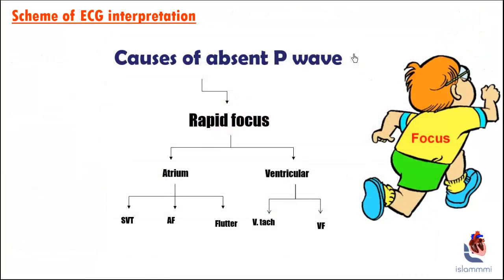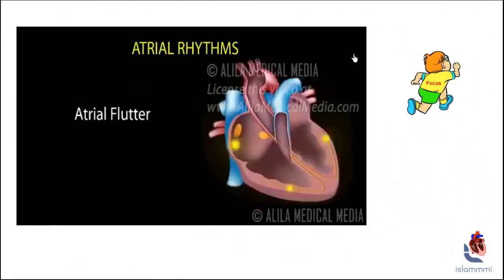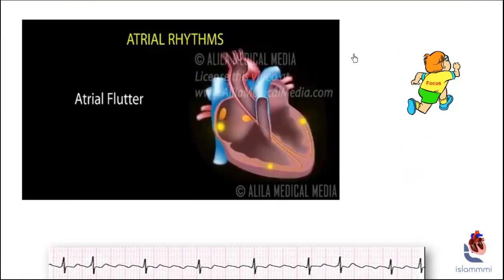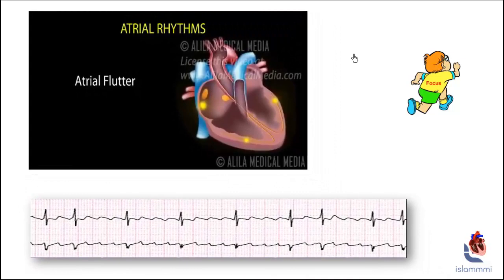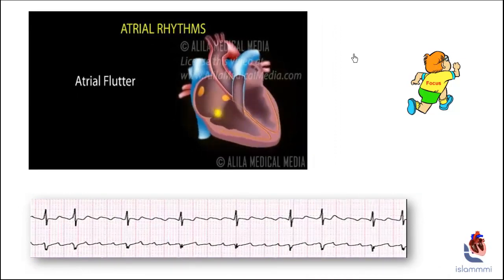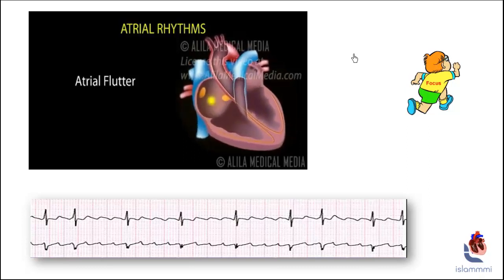The last one is something similar to the AF, but it's a little bit slower heart rate, okay, as we can see here. So it's the same, but not multiple foci. It's here in the one atrium, and it's a little bit slower than the AF, but it has a very, very characteristic finding in the ECG.